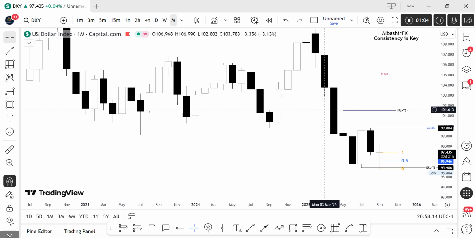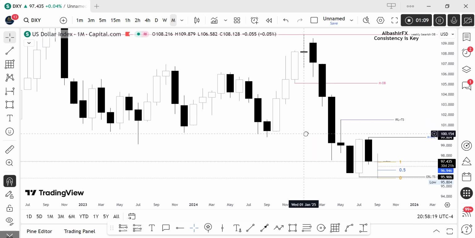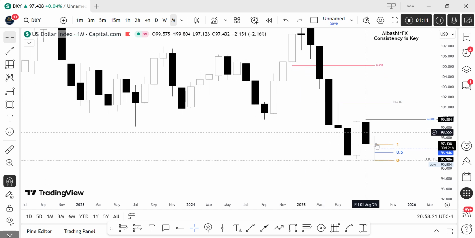This is the Dollar Index, which is the DXY, and this is the monthly close for DXY. If you look at this particular month, we see that it is an indecisive candle that swept liquidity, right?